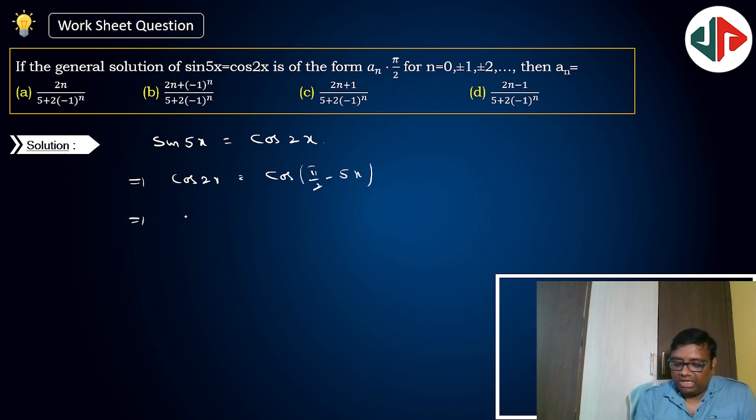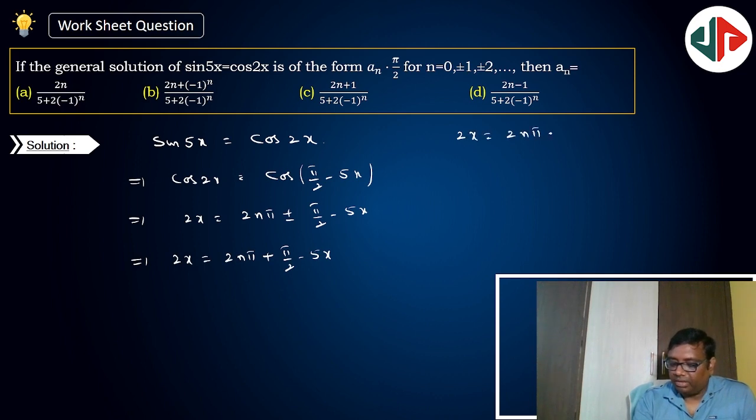Cos theta is equal to, that is nothing but 2x is equal to 2n pi plus or minus pi by 2 minus 5x. So 2x is equal to 2n pi plus pi by 2 minus 5x in one case, and 2x is equal to 2n pi minus pi by 2 plus 5x in another case. If we simplify this equation, 7x is equal to 2n pi plus pi by 2.